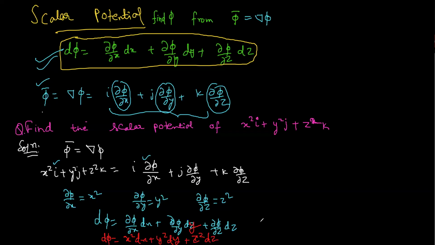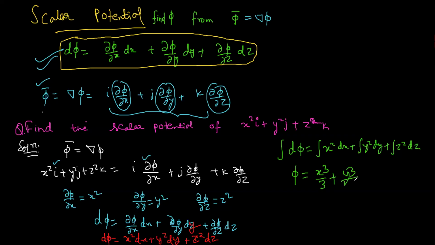Okay. But you have to find phi, not d phi. So for removing d phi, what will you do? Integrate on both sides. Yes. x square dx. So on the left side you will get phi. x square integrates to x cube by 3, y cube by 3, z cube by 3.